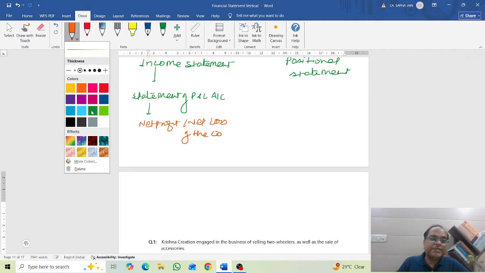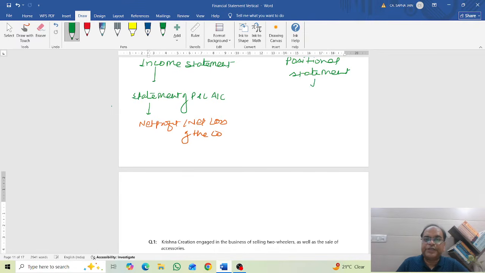And the second statement is positional statement, like balance sheet. So balance sheet is a statement of position of assets and liability. So whenever we prepare the financial statement, we will prepare two types of statement.